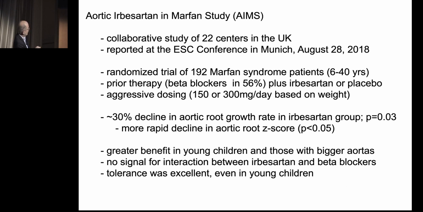Here they used quite aggressive dosing of angiotensin receptor blockers, 150 milligrams in young children who were less than 50 kilograms in weight, or 300 milligrams in those over 50 kilograms. They observed a 30% decline in aortic root growth rate in the irbesartan group as compared to prior medical therapy, with a more rapid decline in aortic root Z-score over time.